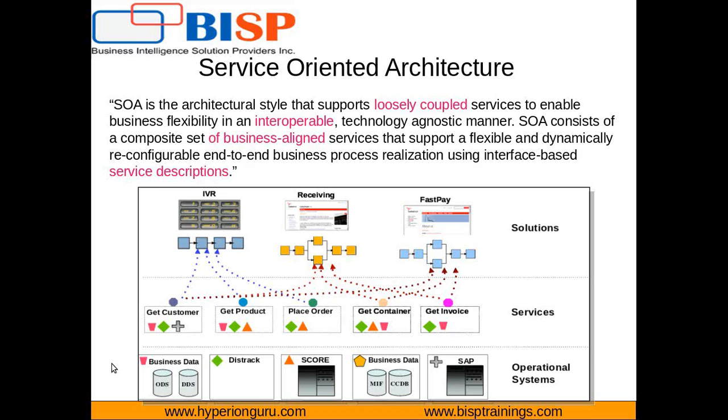So Get Customer would have a service description which is generic enough, or easy enough, for any system to understand that Get Customer needs an ID as input, and the output will be a customer detail. The service is deployed at this location, so I need to call out at this location.